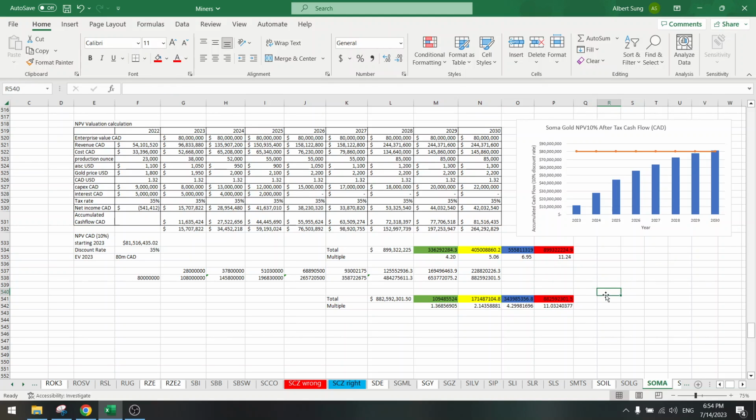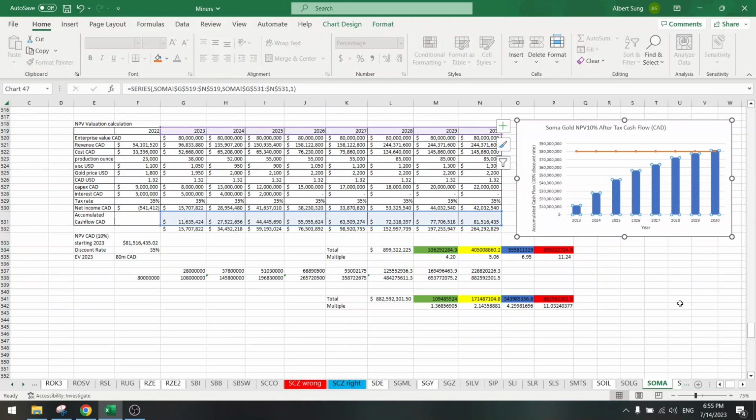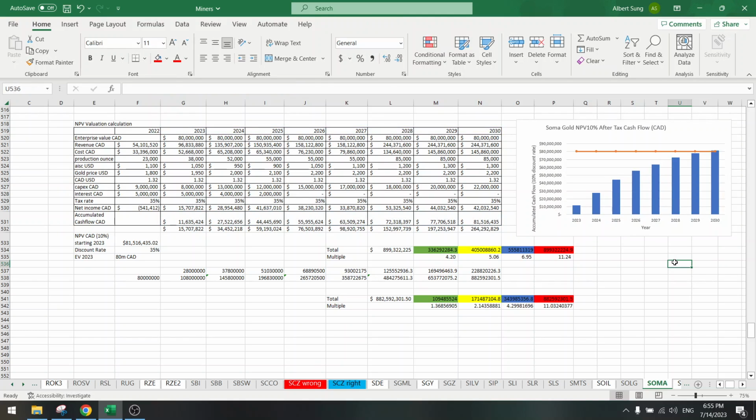So this is how you evaluate your companies. What is my discount rate? And what is my NPV at the end of the 8 years? Right?